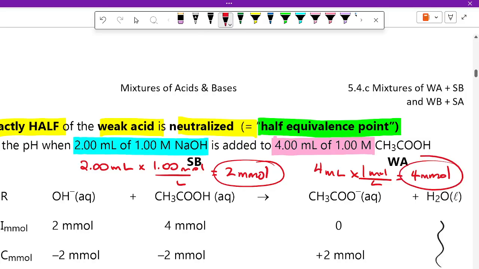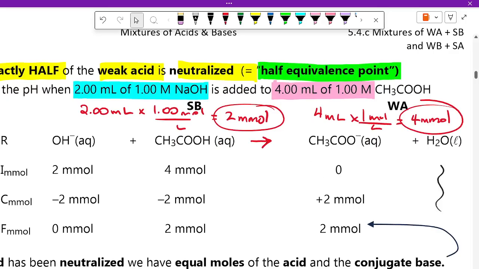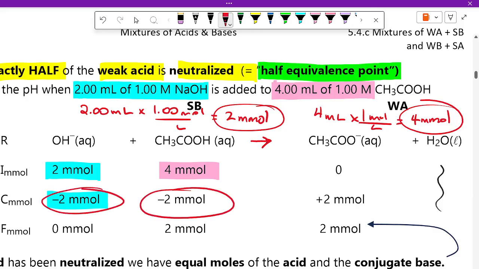Okay, so let's chuck these in a RICFA table, because this is our strong base with our weak acid. We have 2 millimoles, and we have 4 millimoles. Oops, I should have made that blue, but that's okay. And who gets all used up? The 2. So we use 2, and these have to be the same, and we're making 2 of these.